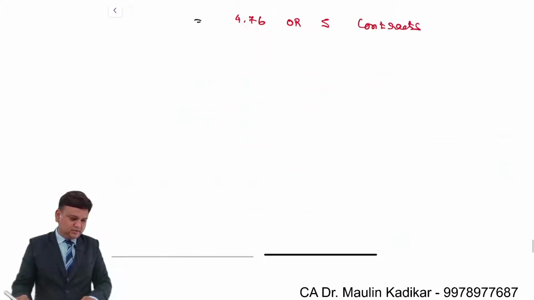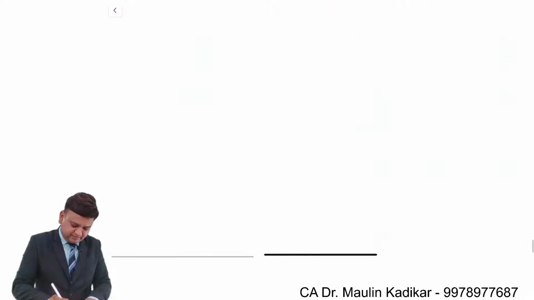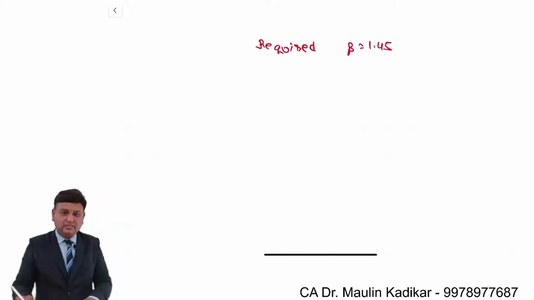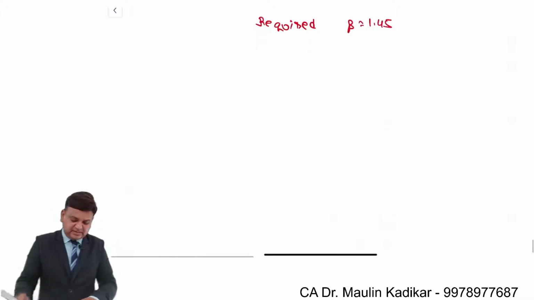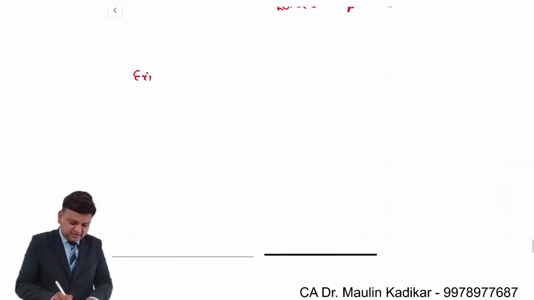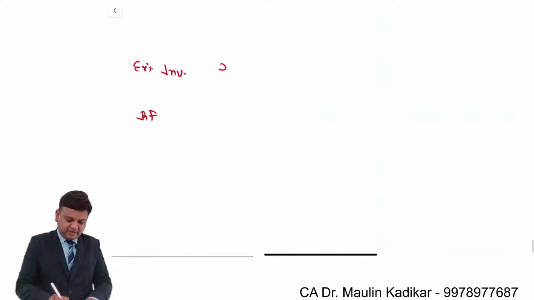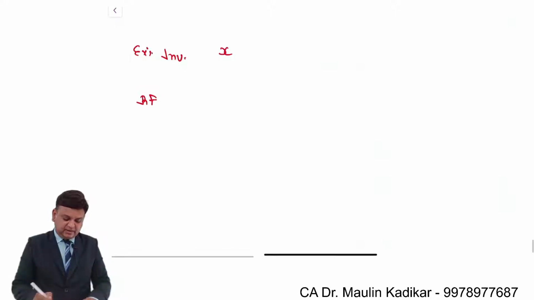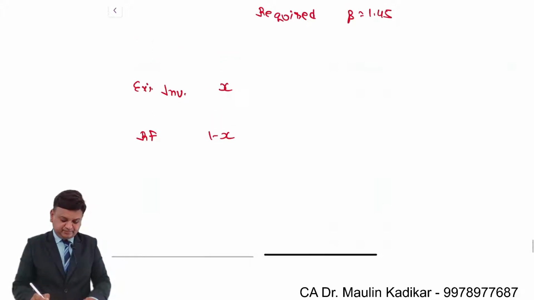Now the heading: required beta 1.45. So in that case, we understand like this. Again, existing investment and a risk-free security. This is X. And friends, over here, it will be 1 minus X. Because the total is of course going to be 1.